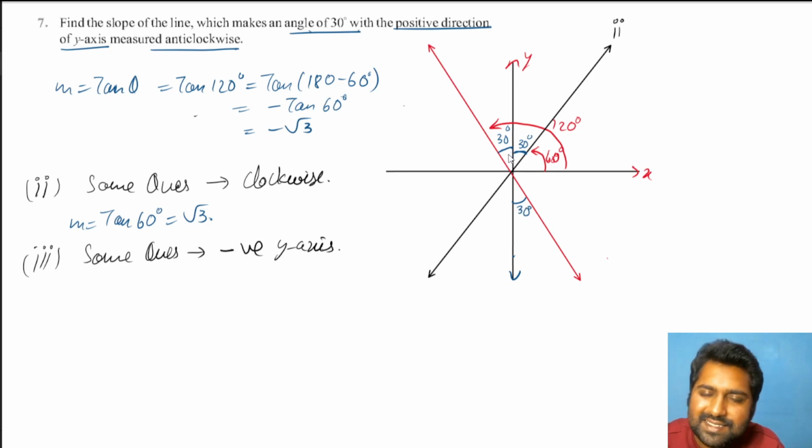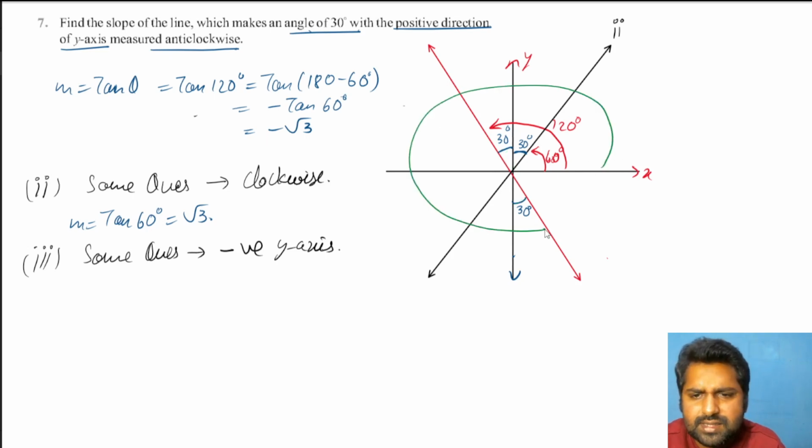Okay. This is 30, so this is also 30. I think you'll still get the same answer, because this is a 30 degree angle. That means this angle is also 30, vertically opposite, and now it becomes the same question somehow. You still need to measure it with the positive x-axis, so you'll measure it as 120 degrees. Suppose some students say, no, I want to measure like this.